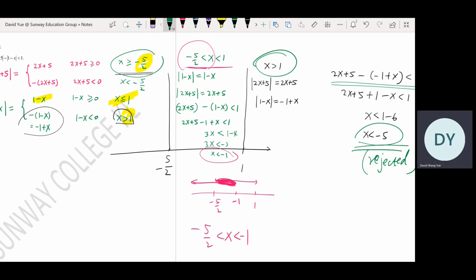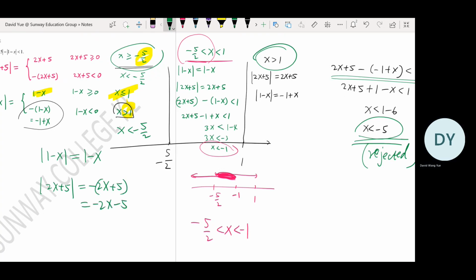Now look at the last one. The last one is x less than -5/2. In this case, the absolute value of 1 minus x is still 1 minus x because it's going to be positive. But the absolute value of 2x plus 5 will be negative 2x plus 5, which is negative 2x minus 5.